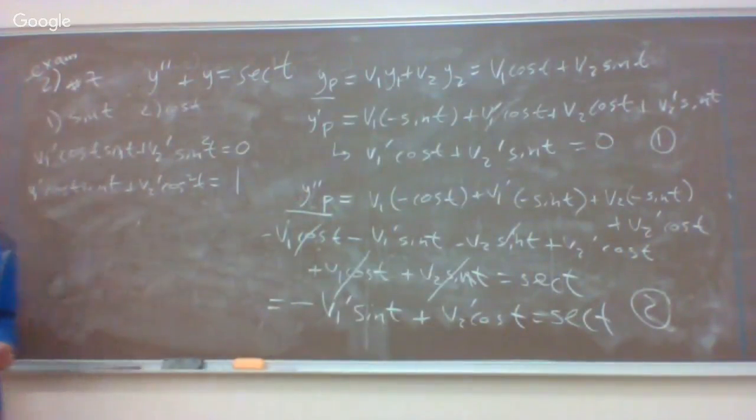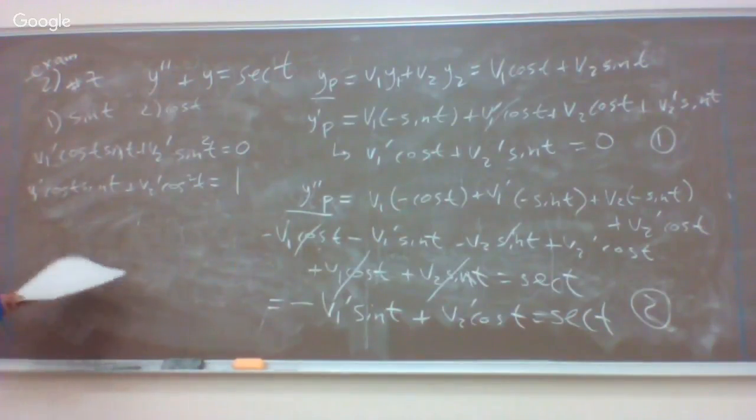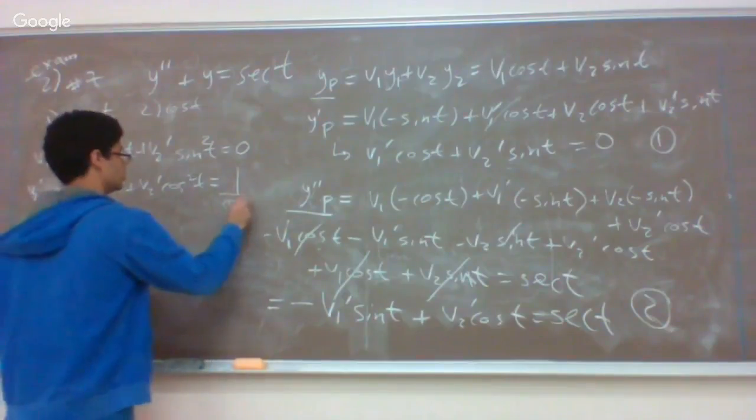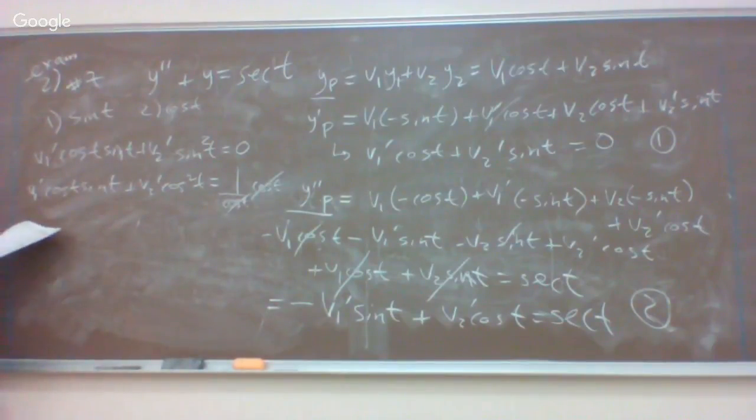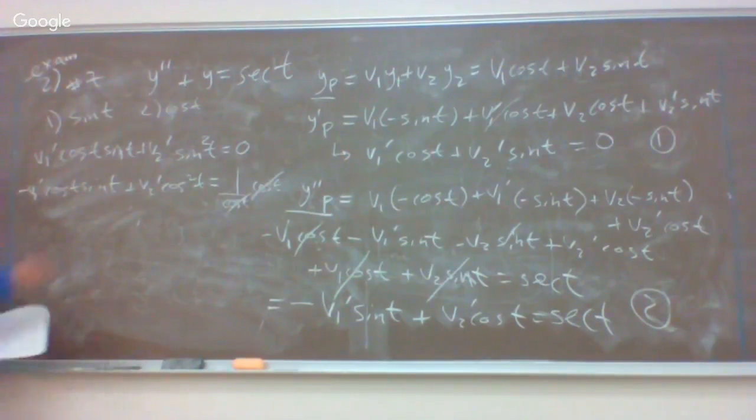it's 1 over cosine times cosine, which is 1. There is a subtraction, so the v1 prime terms go away.